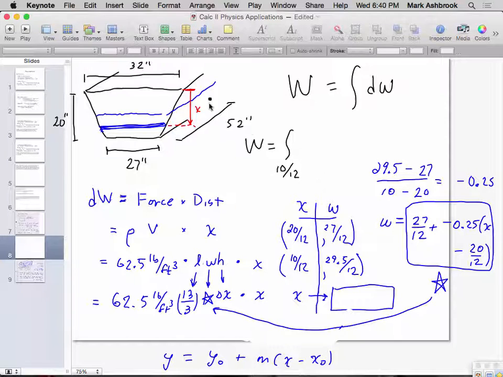And then the last layer is 20 twelfths of 62.5 times the length, which was that 52 twelfths or 13 thirds, times our width, which was our ugly formula down here, star, I'm calling it, times x dx.